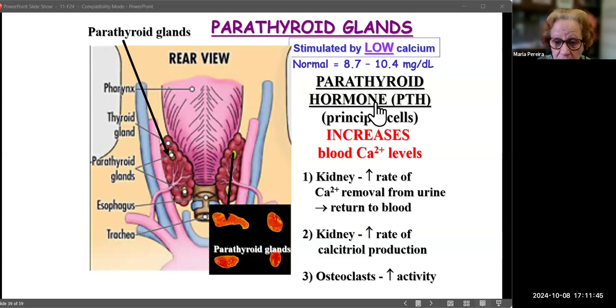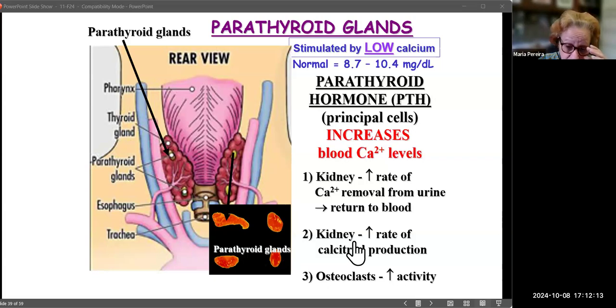So what does the parathyroid hormone do? Remember, now you want to increase the levels of calcium in the blood. So you prevent the kidney from excreting calcium so that there's more calcium staying in the blood. You slow down the excretion of calcium by the kidneys.